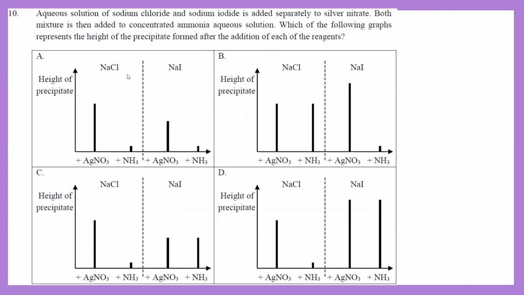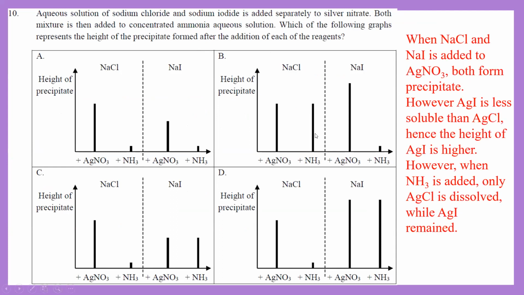Okay, so when you add silver nitrate, because of the Ksp, AgI is lower than that of AgCl, so we expect more precipitate when you add silver nitrate to the iodide. So in here, this is correct, compared to this one, which is not correct. So A and C are already out from our choice.